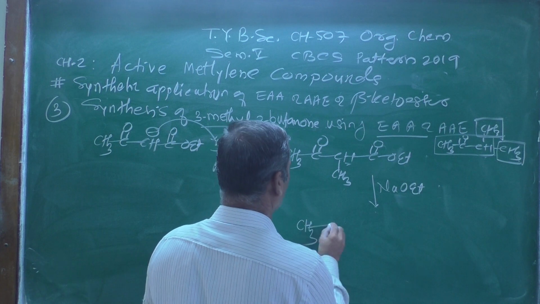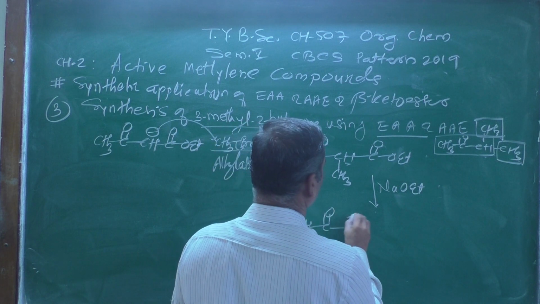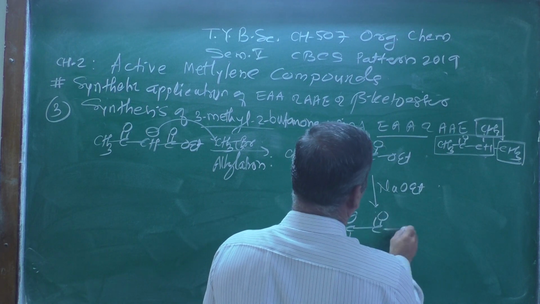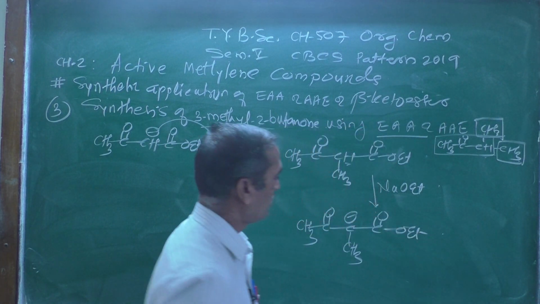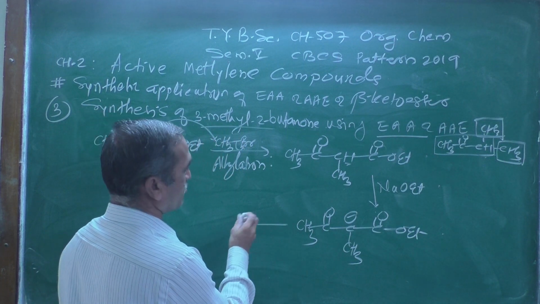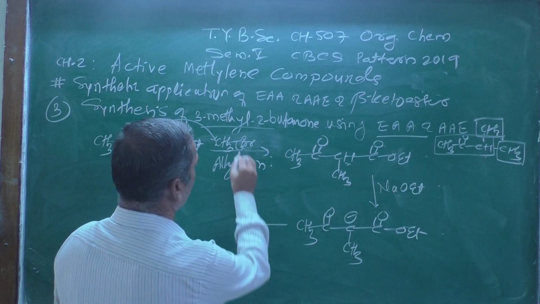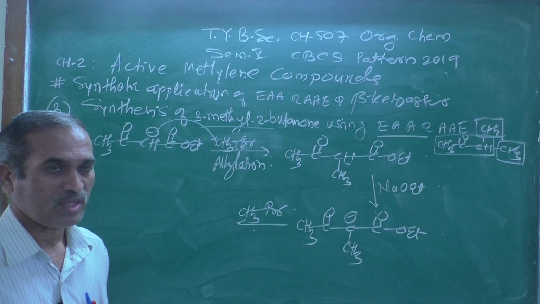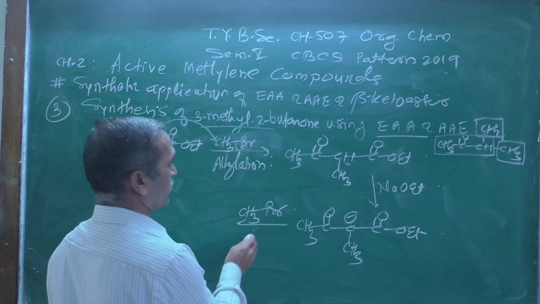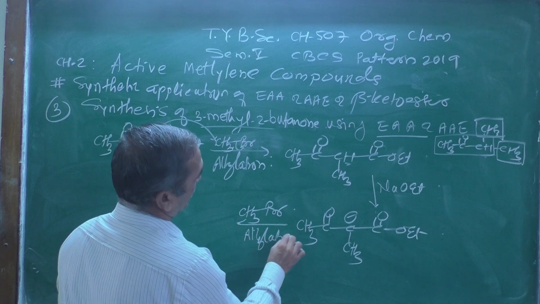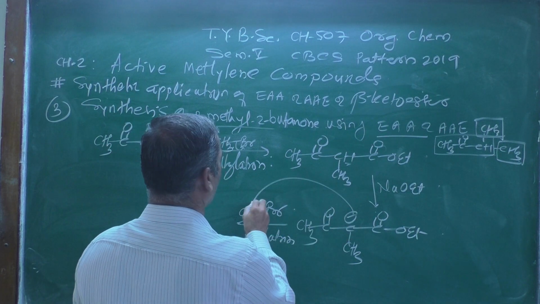You will get CH3, then C double bond O, C minus charge over here, CH3, then C double bond O, OEt, right? And once the carbanion is formed, you can treat this molecule with another molecule of methyl bromide. Call it alkylation again, and this is going to attack over there.